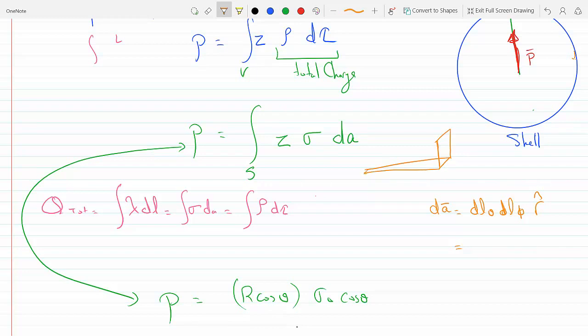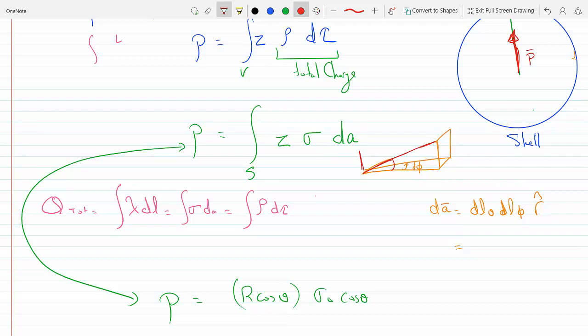This is the phi direction here, so this is d phi, and if I go up to here, this is different. This is d theta, going down from the z-axis, which is the same.